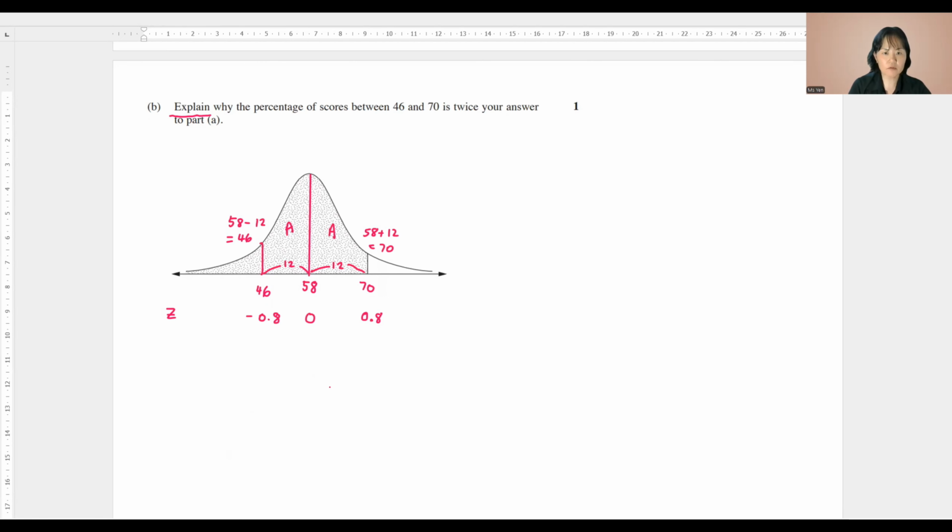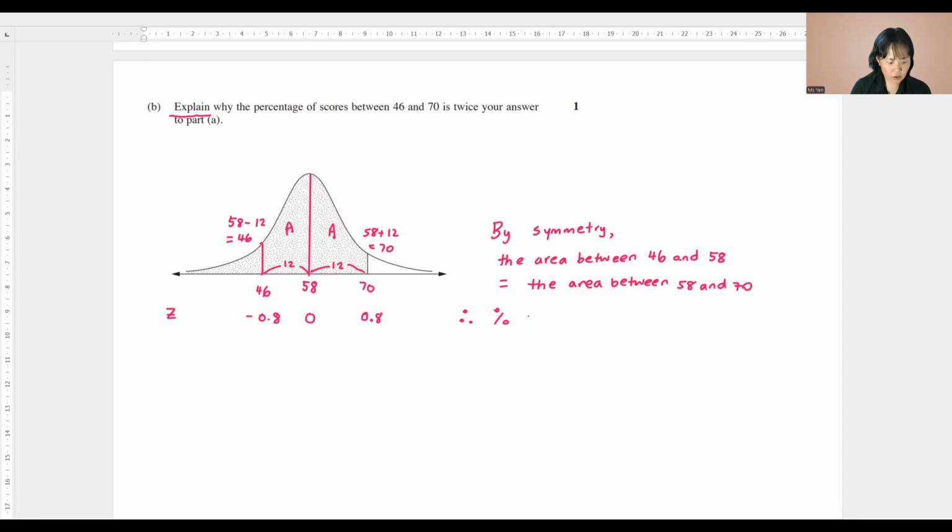So what I'm going to write here is, by symmetry, the area between 46 and 58 is the same as the area between 58 and 70. Therefore, the percentage of scores, I'm just writing whatever it says here.